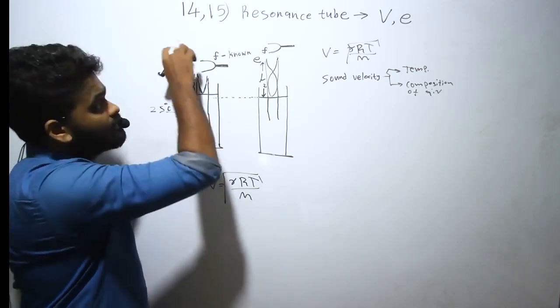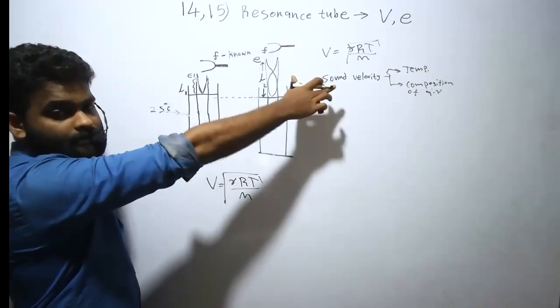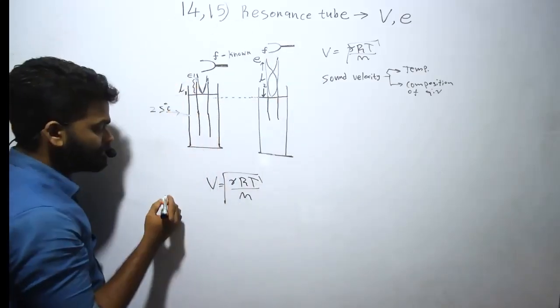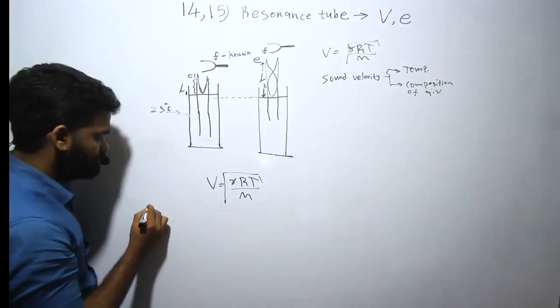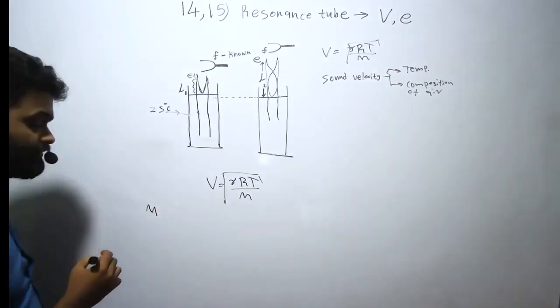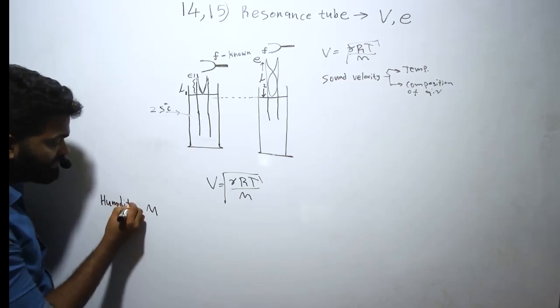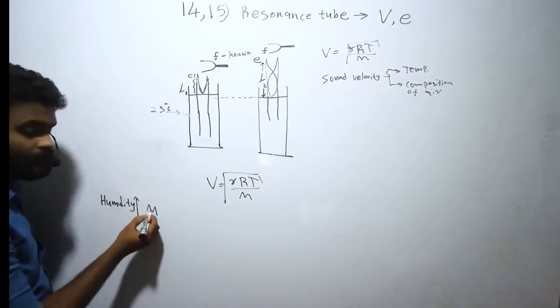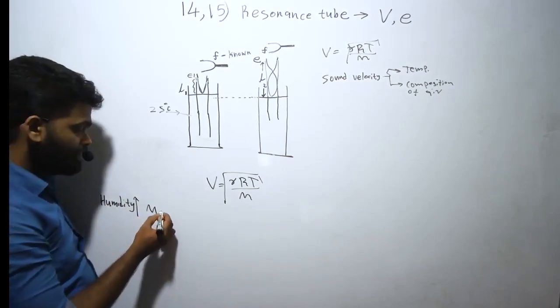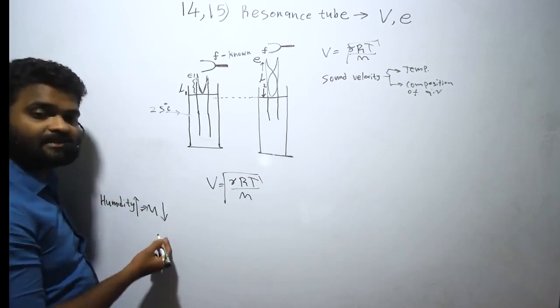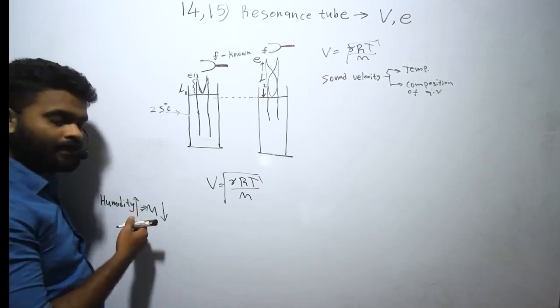The concentration is higher compared to the outside air. So if it is higher here, what happens to this capital M? You may have heard of humidity. Humidity inside the pipe is higher. So if humidity is higher, the molecular mass, capital M, is less.